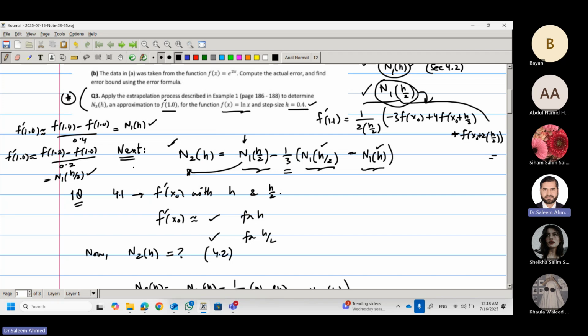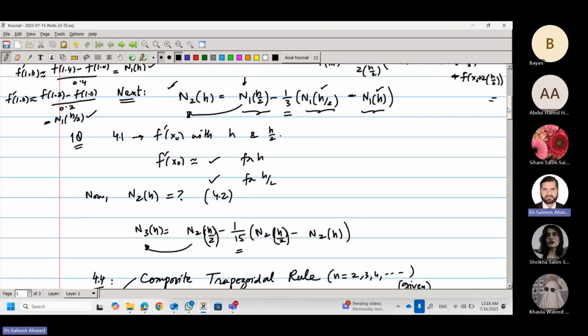For N3H, you need N2 at H by 2 as well. From N1H by 2 and N1H, you got N2H. But here you need N2H by 2 as well. For N2H by 2, I need N1H by 4, because I have to make it half.